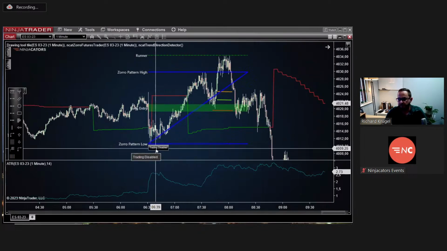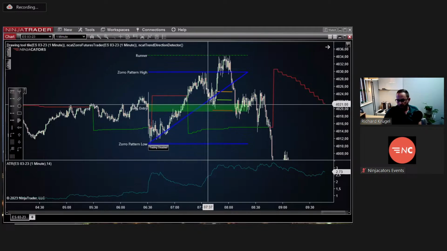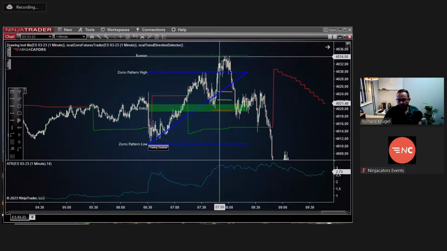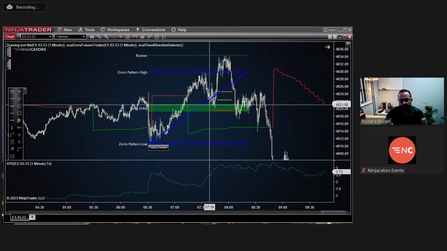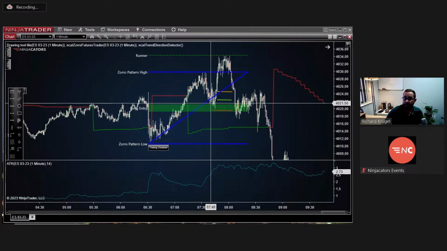It's called trading disabled at the moment. If you enable that button, it will place a buy order right at the top limit of the zone, assuming you want to trade to the upside, right? Because this is a bullish scenario that you're looking at. And as soon as price reaches the upper limit of that zone, it will automatically have a trade activated for you.